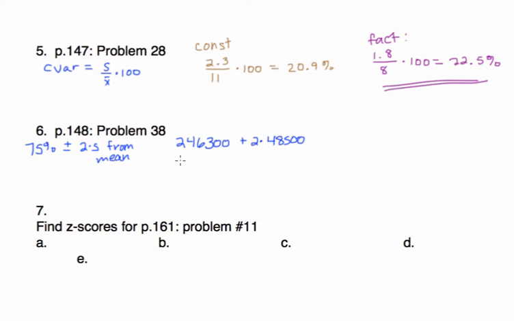So we add 2 standard deviations. That'll give us our upper value, upper bound, for this 75%. And then we subtract off 2 standard deviations, so 2 times the standard deviation.